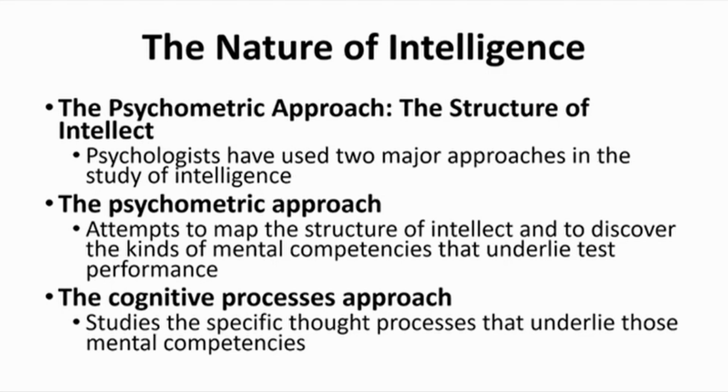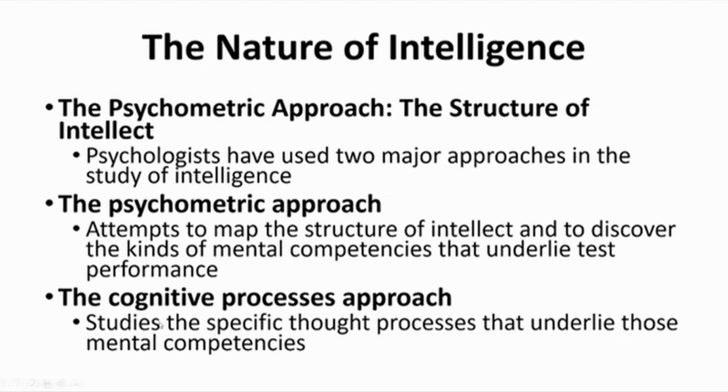Basically saying, can we use our psychological tests to try and map out the structure of how our intelligence works? Can we figure out what's going on underneath the surface that's driving differences in performance? Can we figure out what mechanisms might be involved that make some people appear more intelligent or less intelligent?